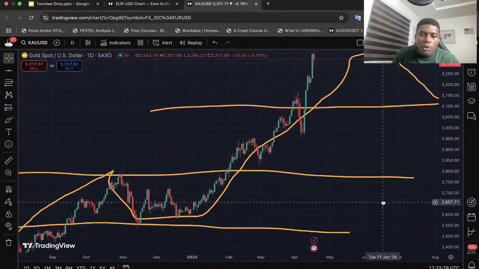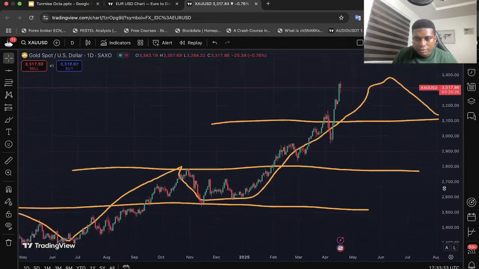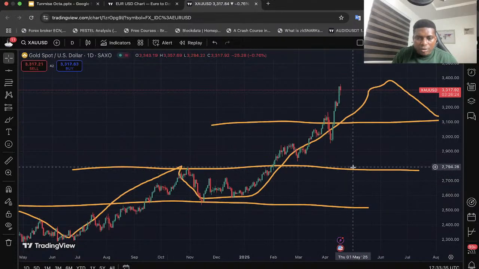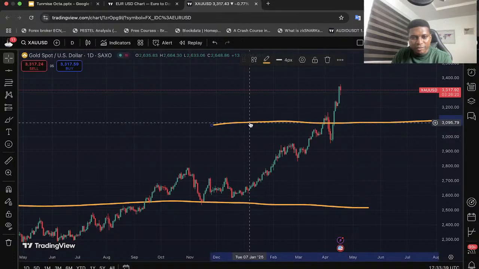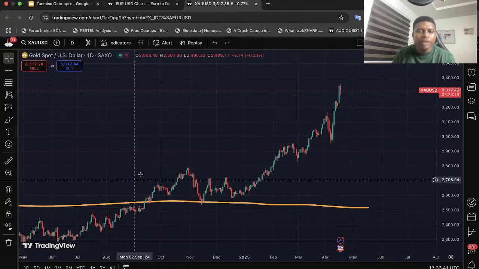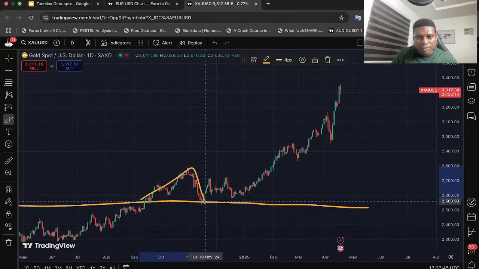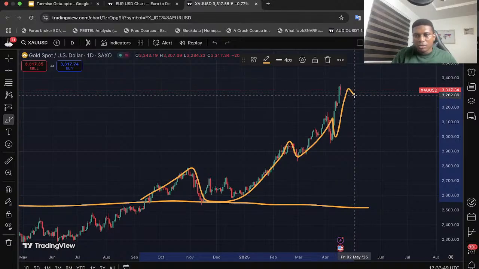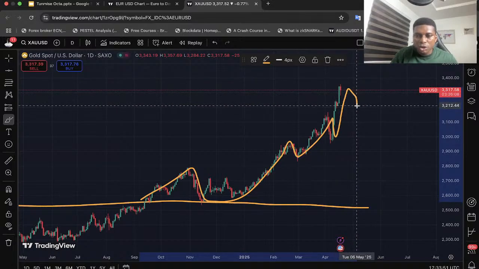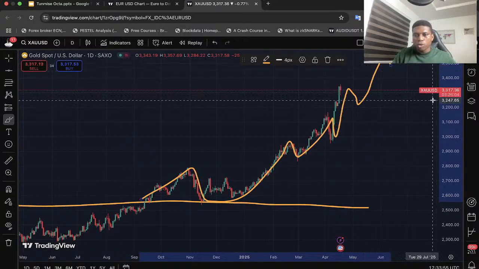All right, so when you look at it very closely here, let me take this off so that I can clearly demonstrate again. You can see that price goes up, comes down, goes up, comes down, swings up, and so on. So we might see a pushback here and a swing up later on gold.